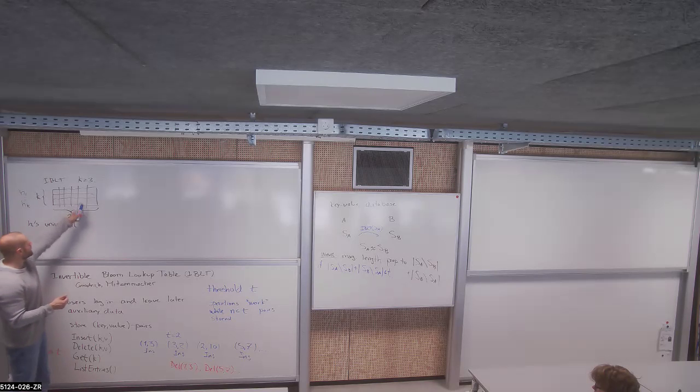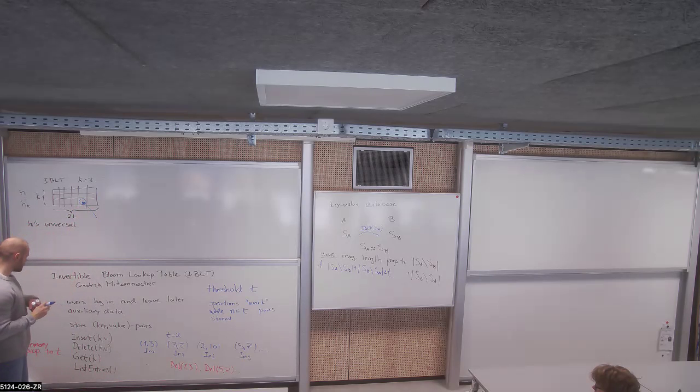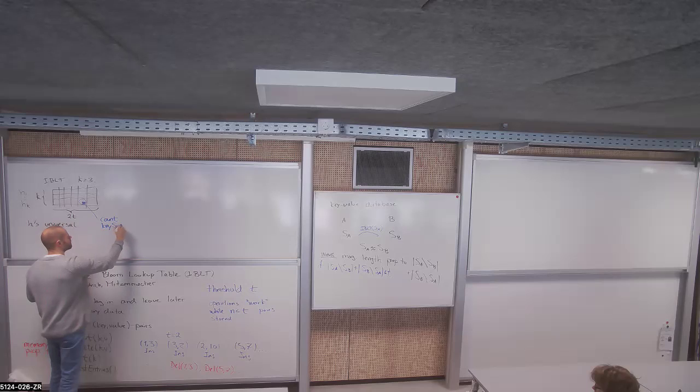So what is stored in the entries? If we look at one of those, let's call it a cell. In this first solution, where we're only deleting stuff that was actually inserted, this cell has three variables, if you will. One of them is a count, one of them is a key sum, and one of them is a value sum.